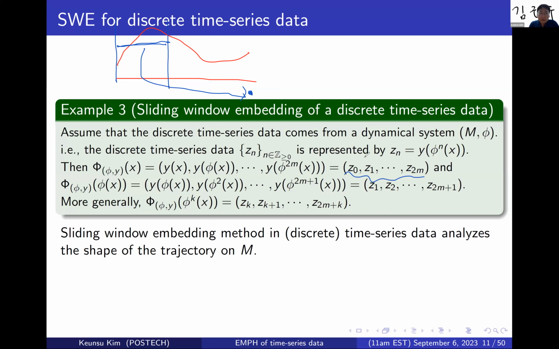This is the zeroth point. Then move the sliding window, and it translates to another point. This is the first point. In general, the sliding window goes to the k-th point. So the sliding window embedding method in time series data analyzes the shape of the trajectory on M.